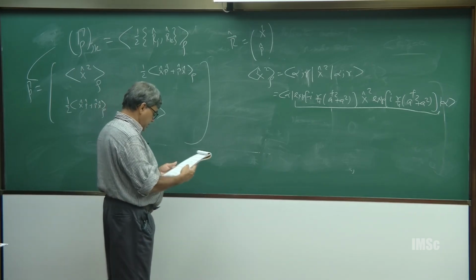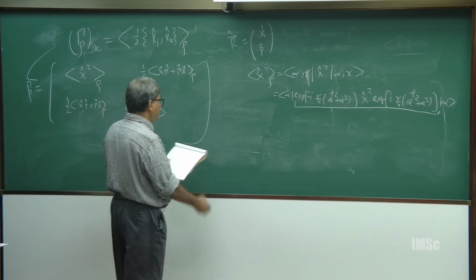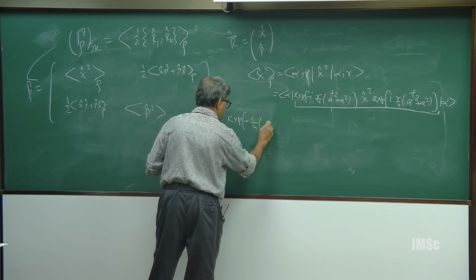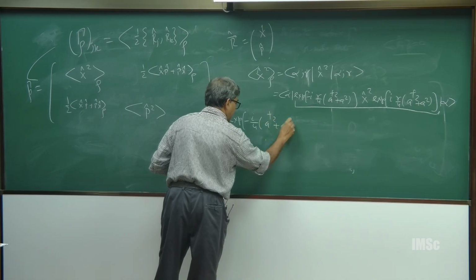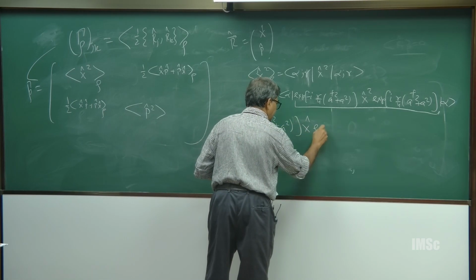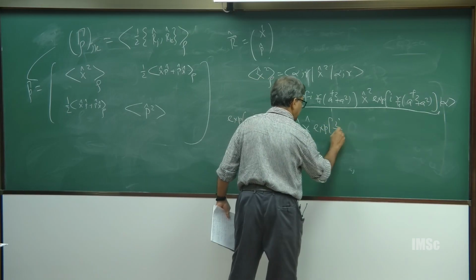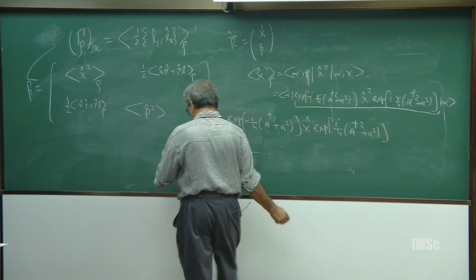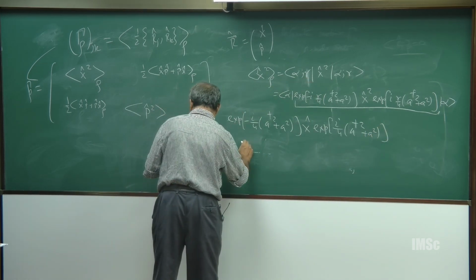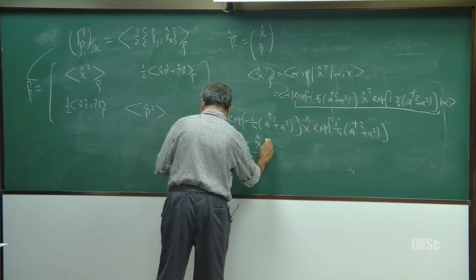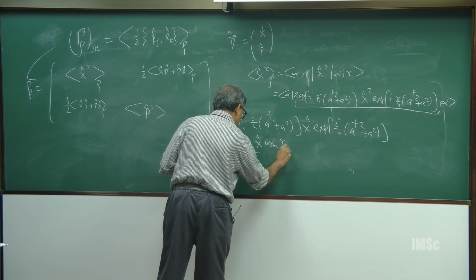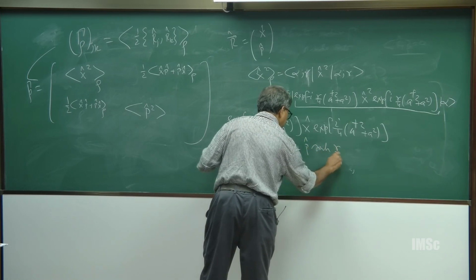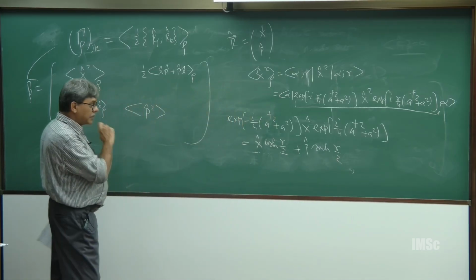What you can figure out is that exponential of minus iota r/4 (a† square plus a square) acting on x, and then exponential of iota r/4 (a† square plus a square), what you get is x cosh(r/2) plus p sinh(r/2).